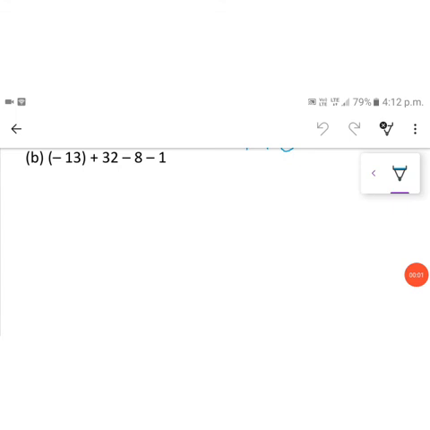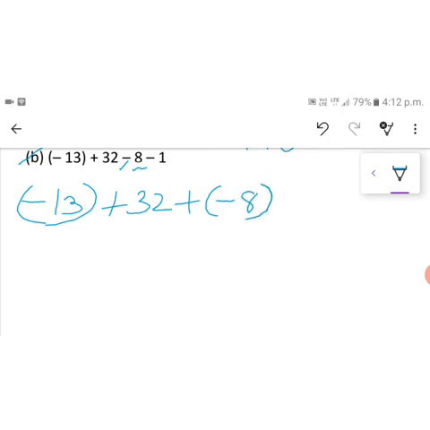Let's see B part. Write minus 13 as it is. Write plus 32 as it is. Change the subtraction sign into an addition sign. The additive inverse of plus 8 is minus 8. Change the subtraction sign into an addition sign. The additive inverse of plus 1 is minus 1.